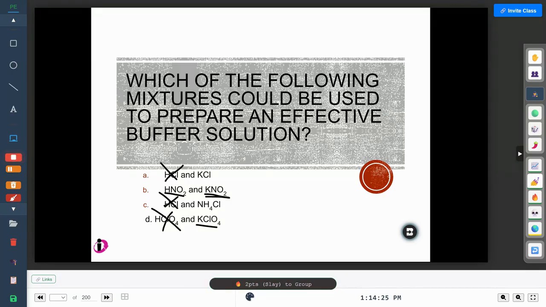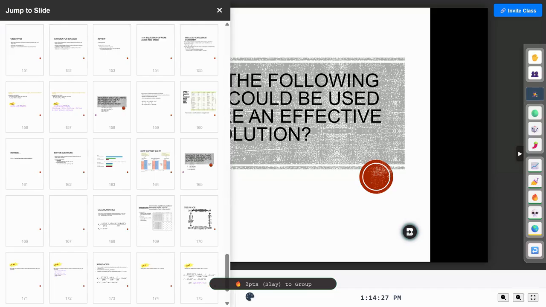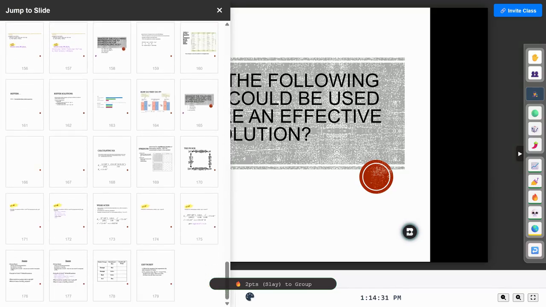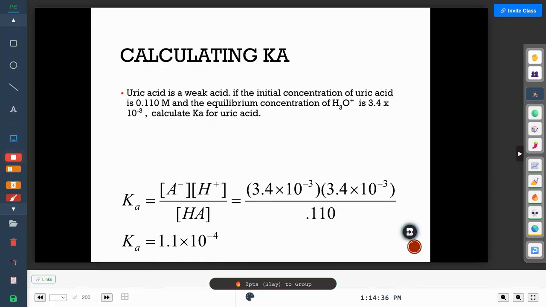Now, I want us to look at a problem with calculating Ka, and then I want you guys to do this, because one of the things that we need to be able to do is figure out what the actual K value would be, or if we're given a K value, can we figure out the hydronium ion concentration?